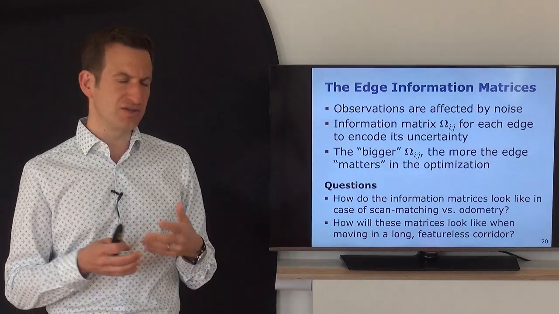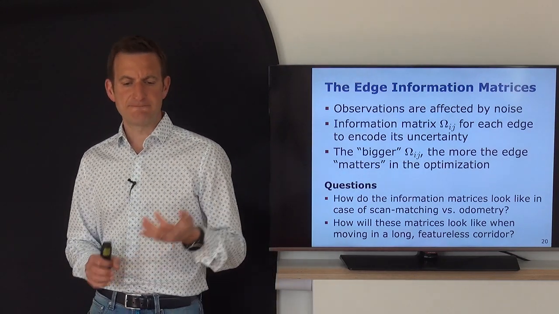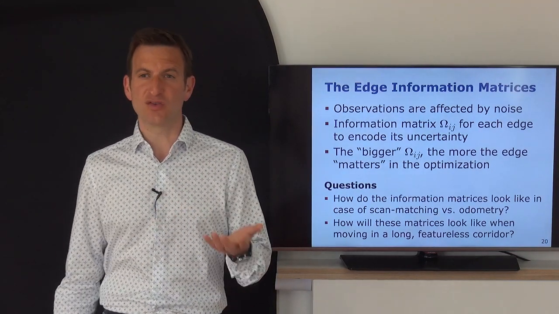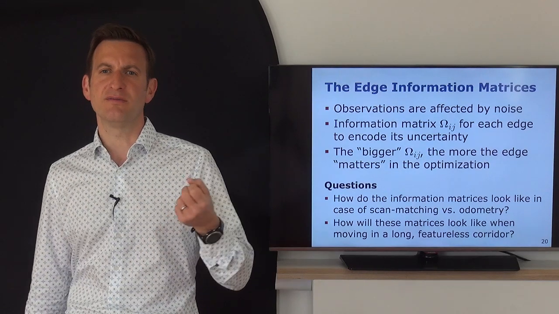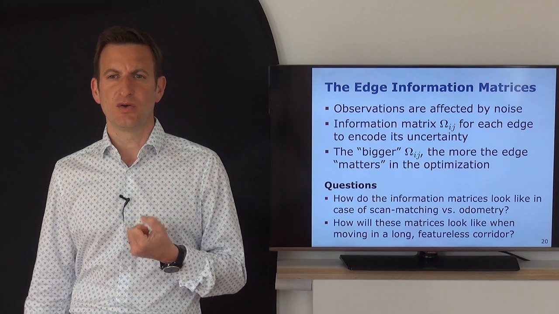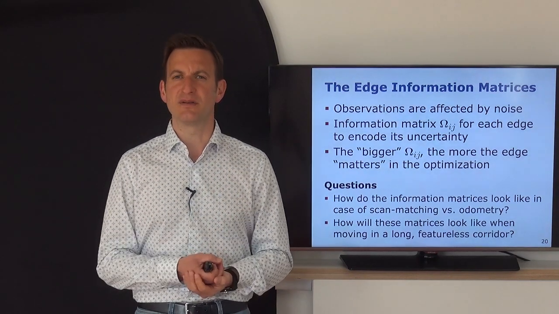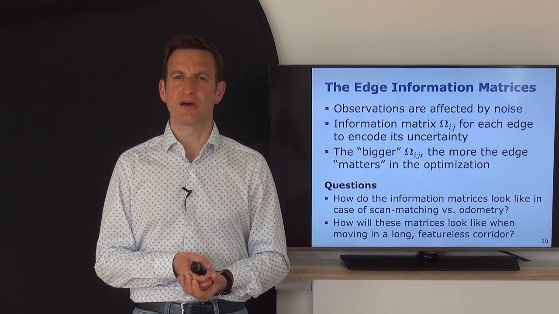So this edge information is actually important in order to take the uncertainty into account. And so there are questions: how would you expect this matrix to look if you compare scan matching done with ICP to odometry information? Which is more accurate or less accurate? That's one relevant piece of information you should be able to figure out.